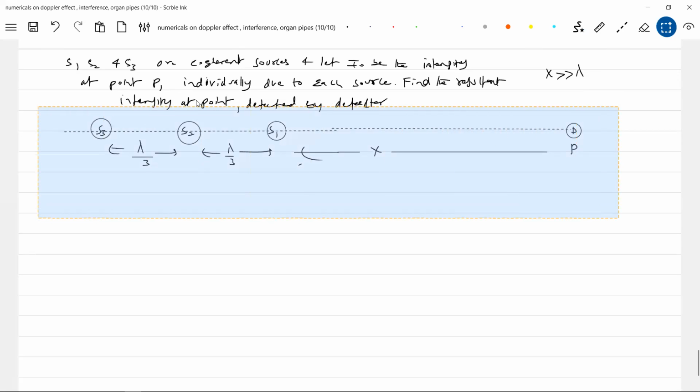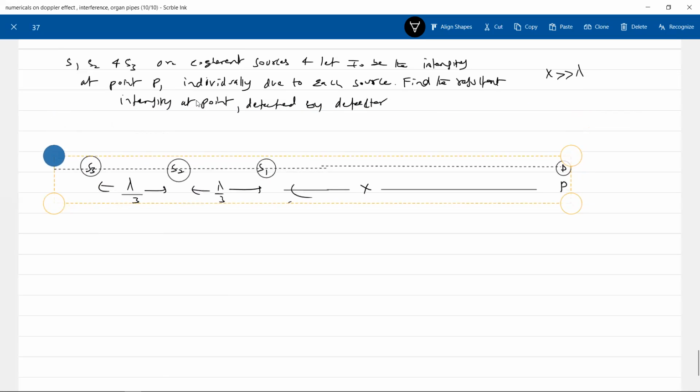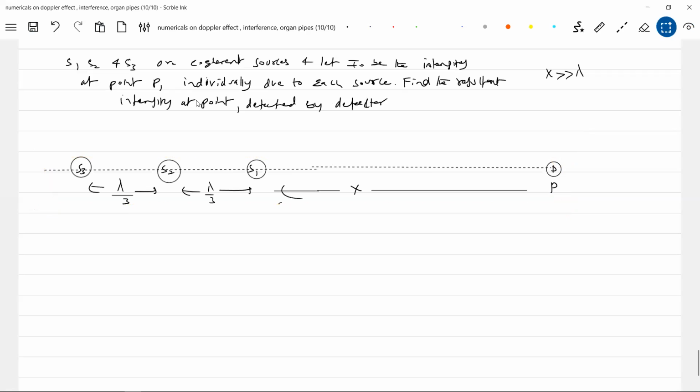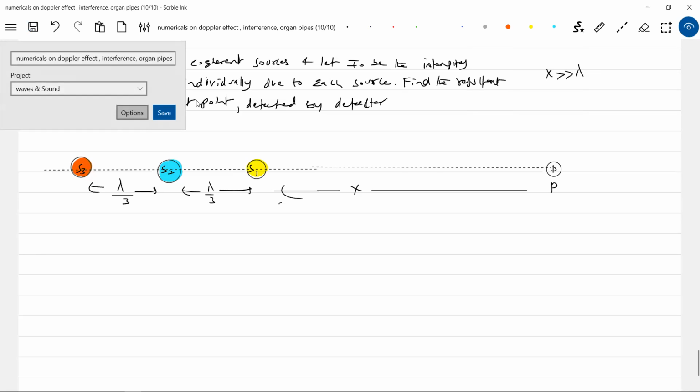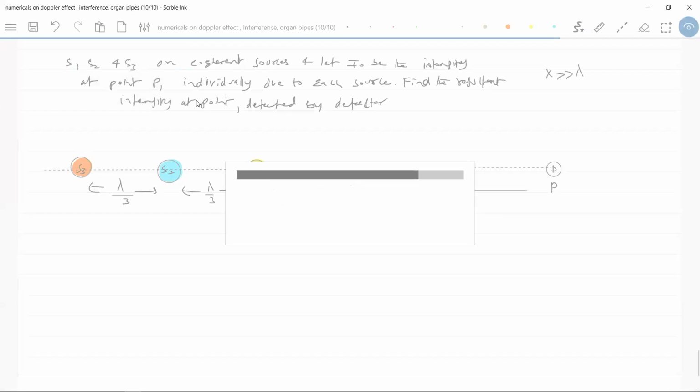Again, we are discussing interference of more than 2 sources. Is it okay? So we have three sources. What will happen to waves? Let me take S2 as reference. Which wave will cover more path? The wave generated by the third source.